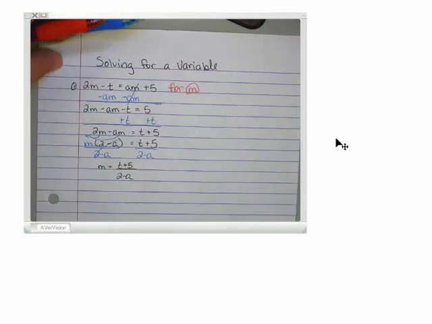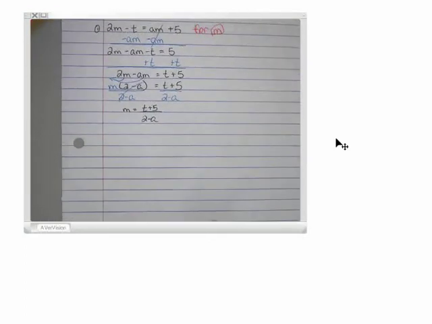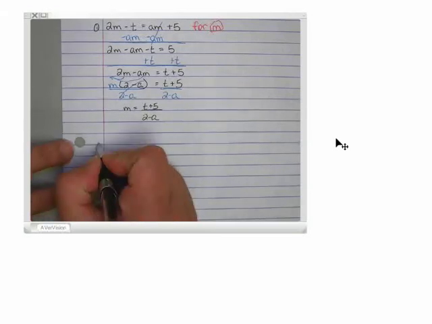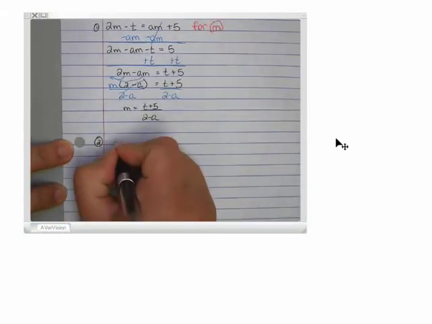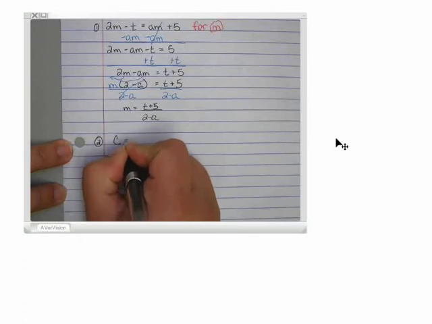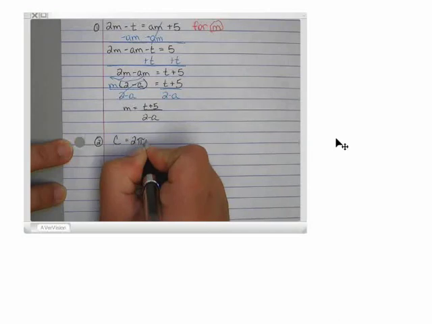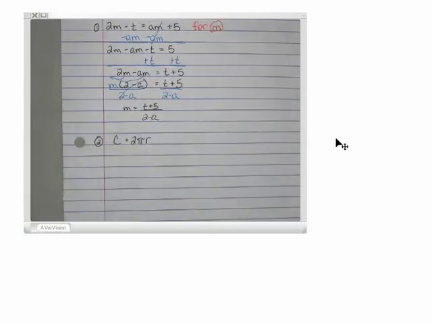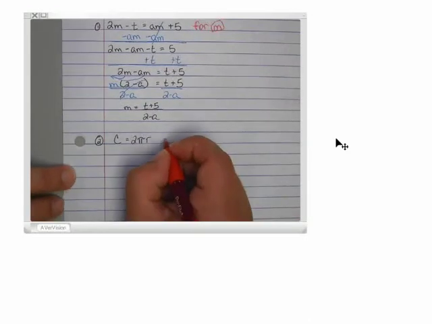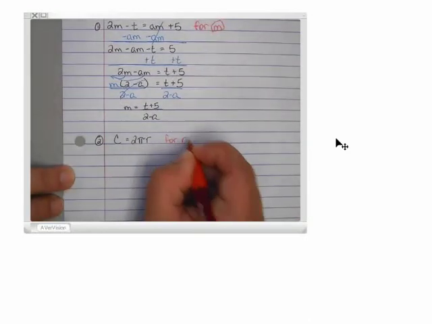Now let's look at this with some formulas that you might be a little bit more familiar with. Let's look at the circumference formula, which is 2 times pi times the radius. And we're going to solve for r.